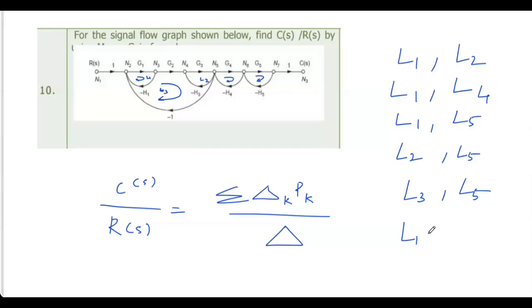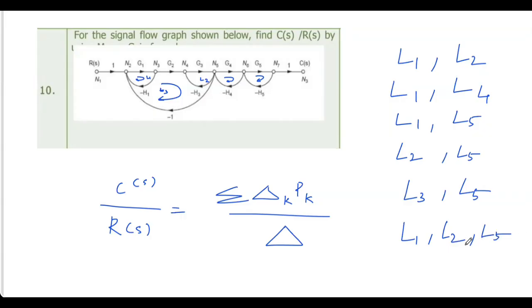Okay. Then three non-touching loops: L1, L2, L5. Any other combinations? Sir, why L1, L2 and L5?